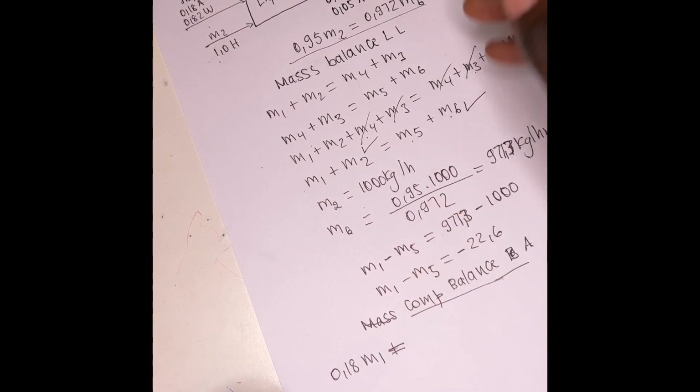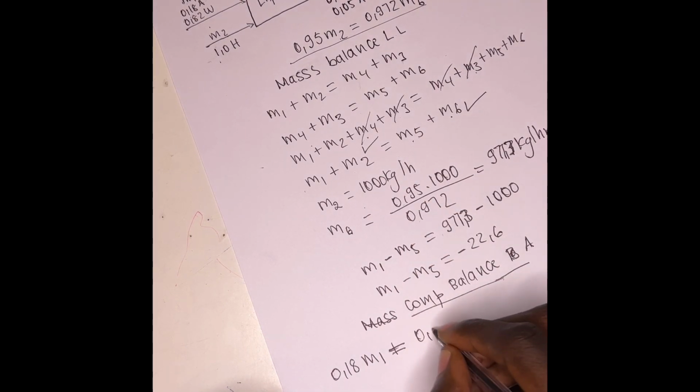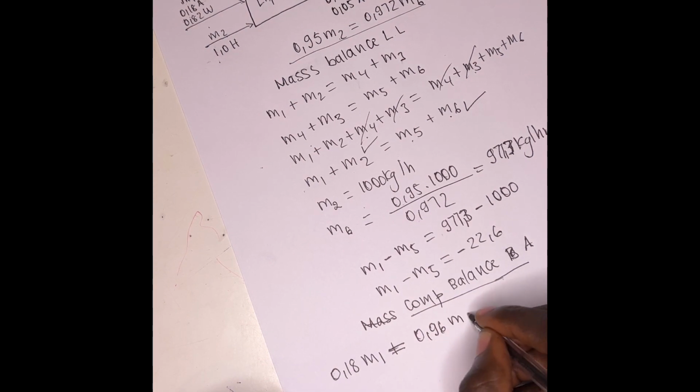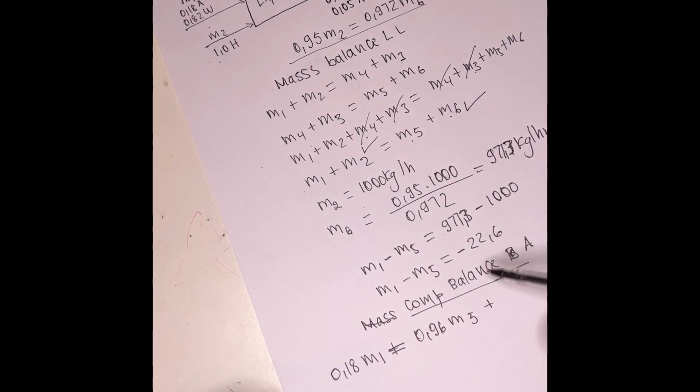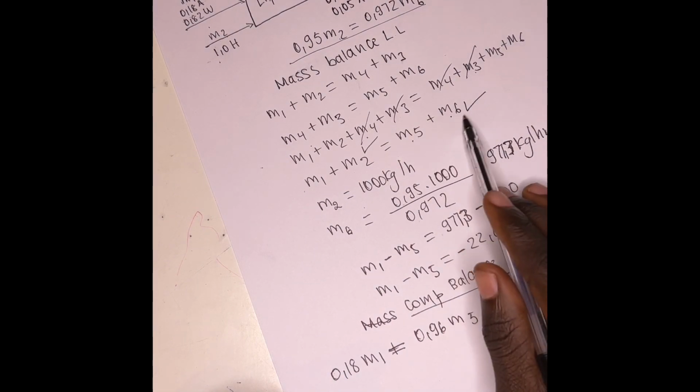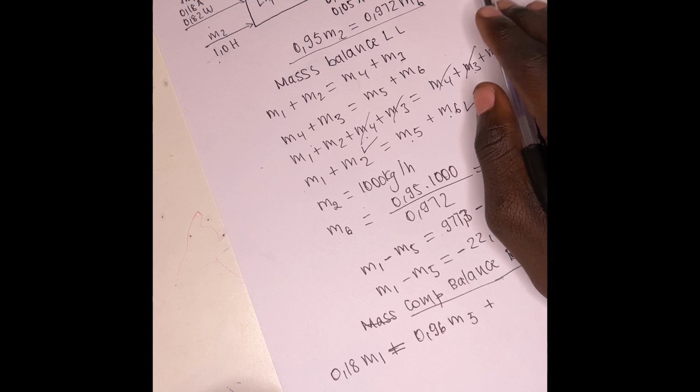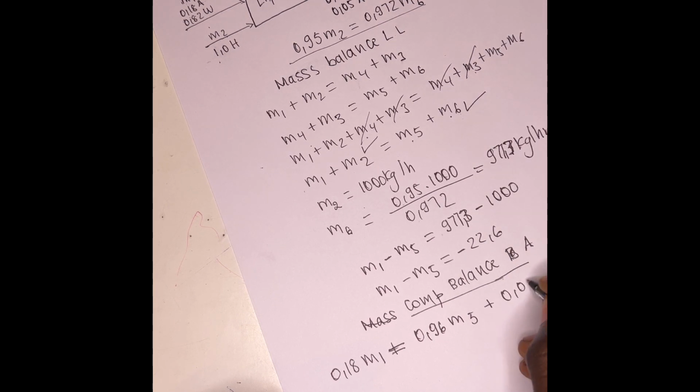Here in 5, what is 5? 5 is here. We have A, yes, we have 0.96 M5 plus, in 6 we have A, yes, it's 0.028.